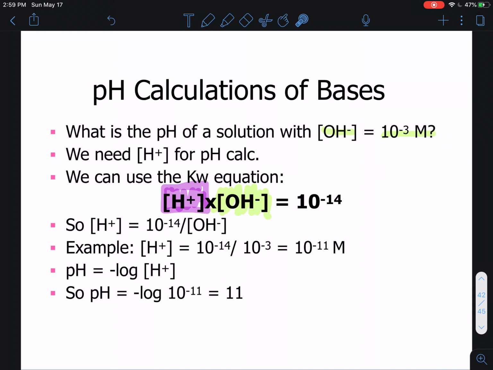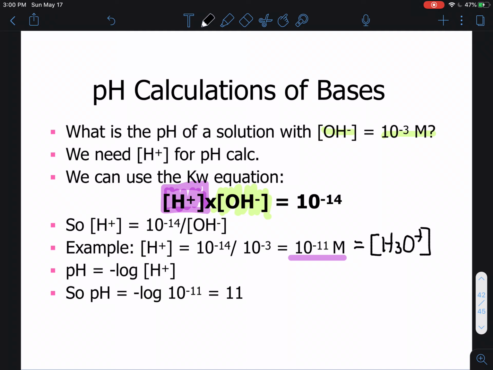When we divide, we are subtracting. So when we're subtracting two negatives, we're essentially adding this to this. So 10 to the negative 14 divided by 10 to the negative 3 is going to give us 10 to the negative 11. Okay, so that is the concentration of H3O+.